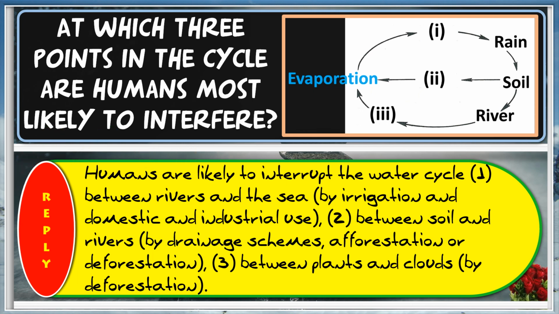Between soil and river, by drainage schemes, afforestation or deforestation. 3. Between plants and clouds, by deforestation.